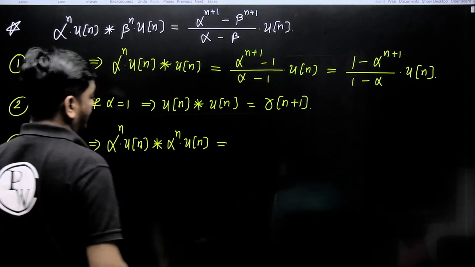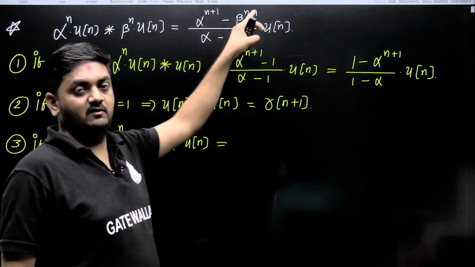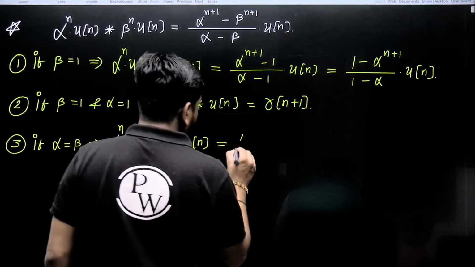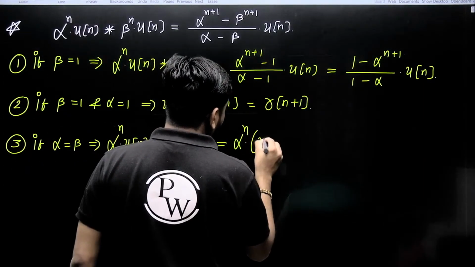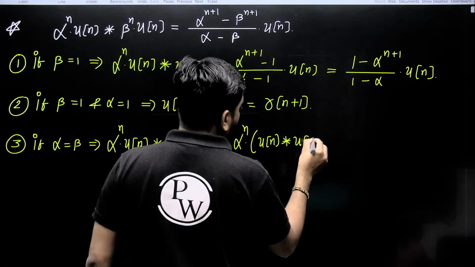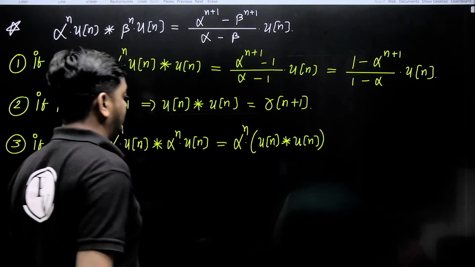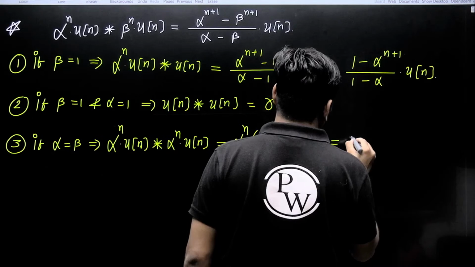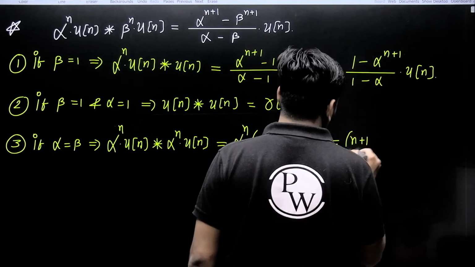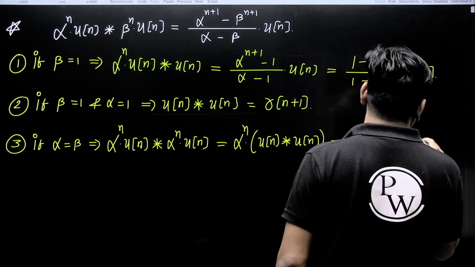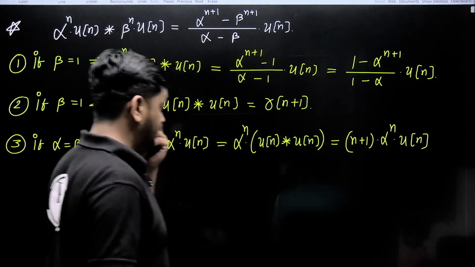Now again don't say alpha minus alpha, 0 by 0 form. Alpha power n is common, so it will be u of n convolution with u of n, and we know that u of n convolution with u of n is n plus 1 into u of n. So it will be n plus 1 into alpha power n common into u of n. So this is a very important result.